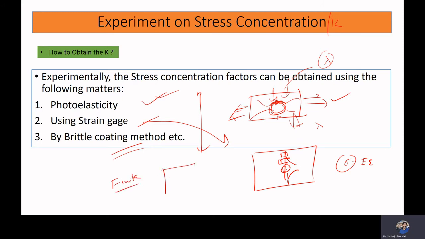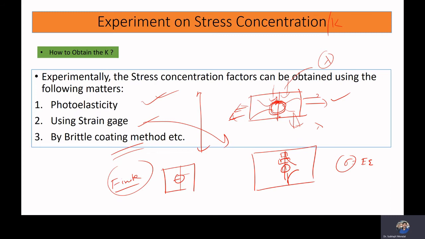If we are able to model it in some finite element software, you can have very reliable data of your stress concentration, and from there we can find the factor which you can further use for your design purpose. So here we have an alternate way, that is the finite element method, but that is not an experimental method, that is a numerical method through which we can find the stress concentration.